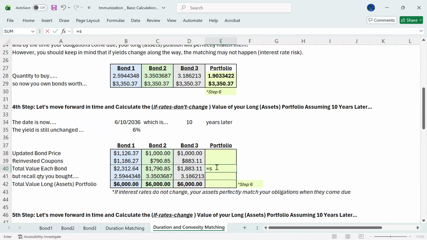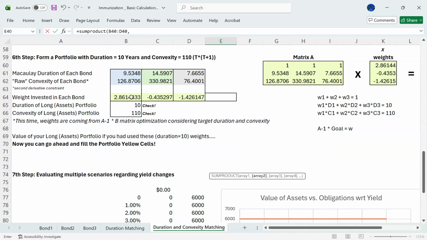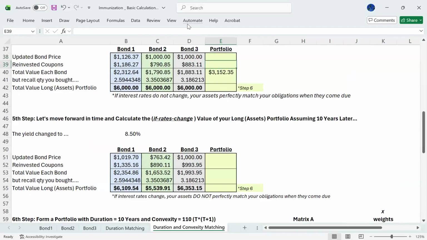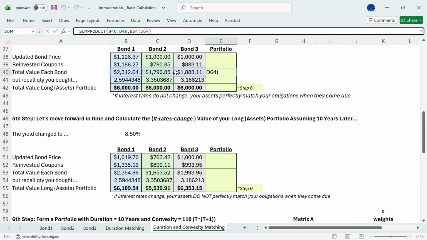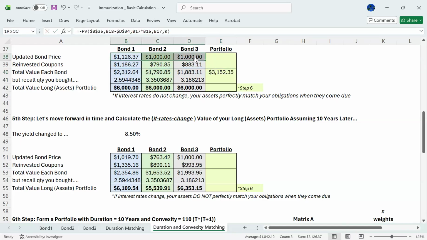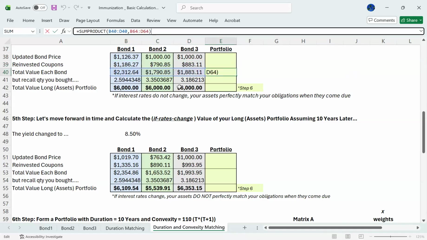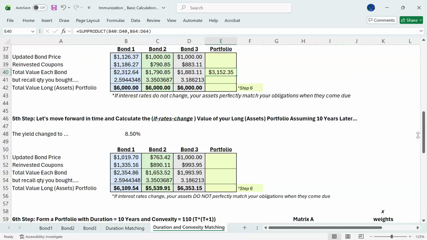In other words, that is a sumproduct of the value of the bonds, component one, times how much I invested in each one of these bonds. Done. Okay, now that's the total value. So that already includes the price of the bonds, the weights, and how much I am getting from their coupons, weighted by how much I invested based on this optimization.